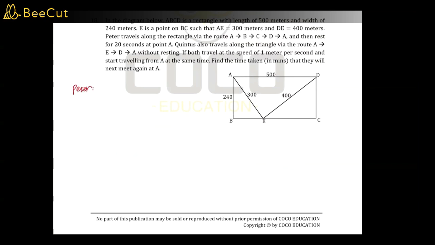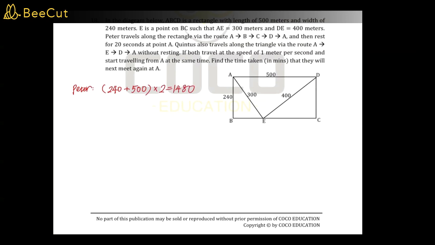Okay, so A is 240. There's AB. Then BC is 500. Right, so the perimeter of the rectangle is 240 plus 500, times 2. That's 1480.